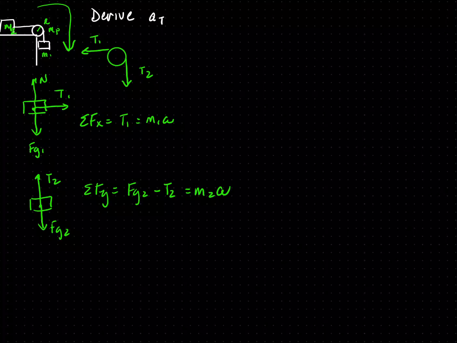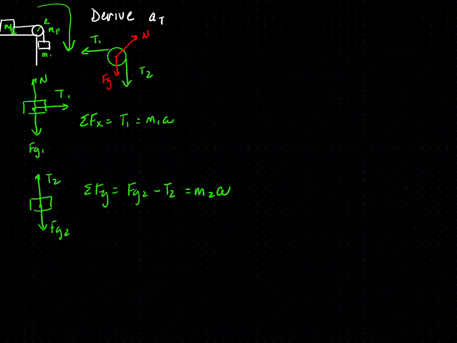For my pulley, I have T1, T2. I know I'm going to have a weight of the pulley, and then I'm going to have the normal, and the normal is going to go northeast to balance all my forces. T1 is going to the west, and T2 is going south, as well as the weight. If not, the pulley will break.